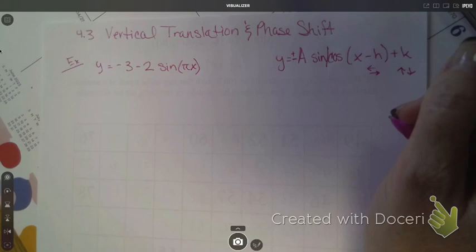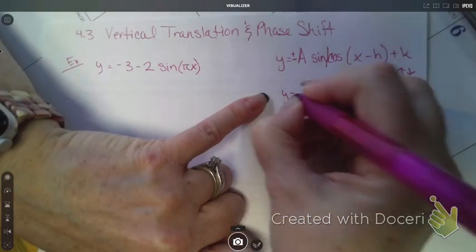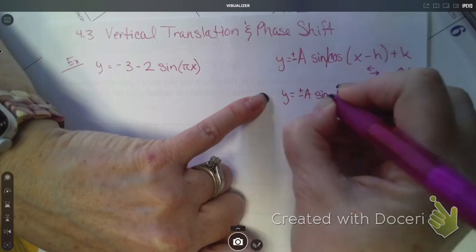And when we have phase shifts, I'm going to just go ahead and write it down because you just need to. It will look like y equals plus or minus a sine slash cosine.